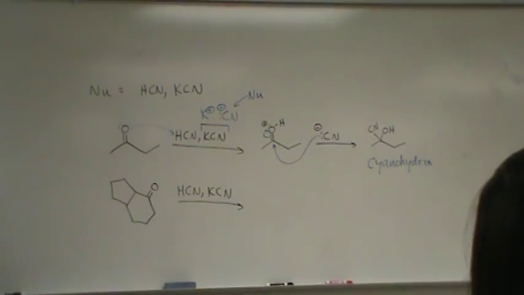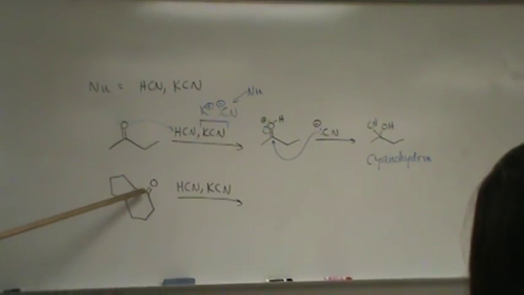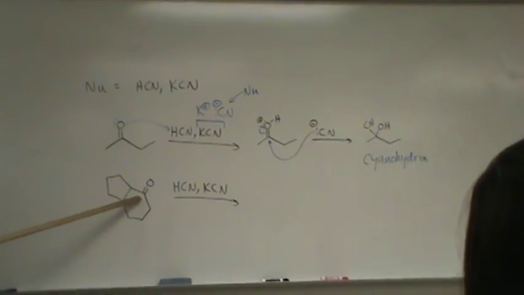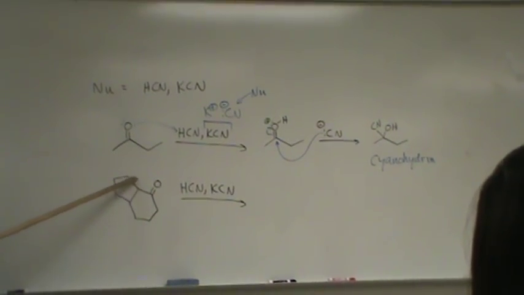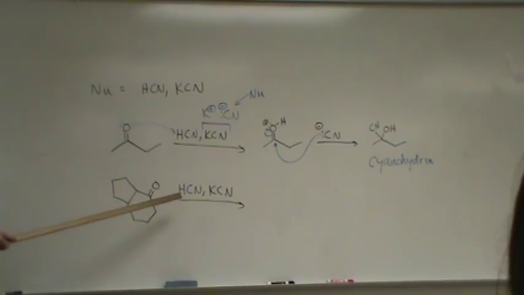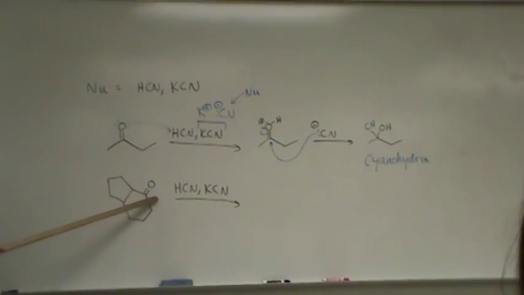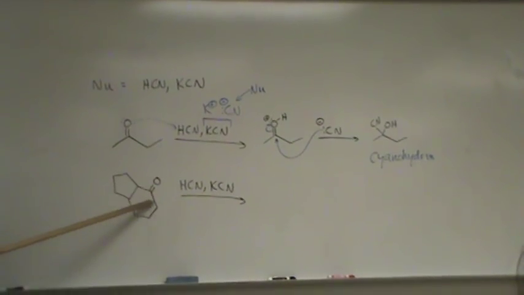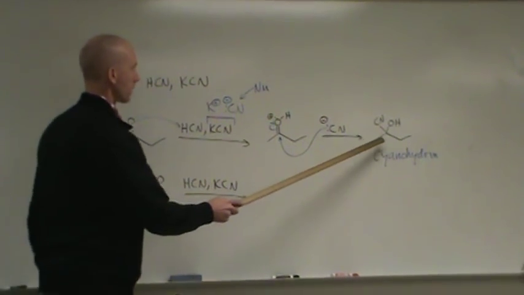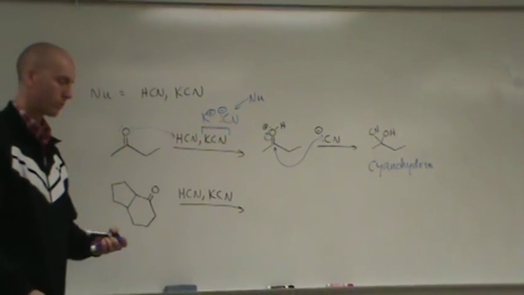So again, where's the chemistry going to occur? At the carbonyl. This is the only part of the molecule I have to look at. All this other stuff is just luggage. So anytime I see this combination, it's going to convert the carbonyl to what? An OH and a CN. It's that simple.